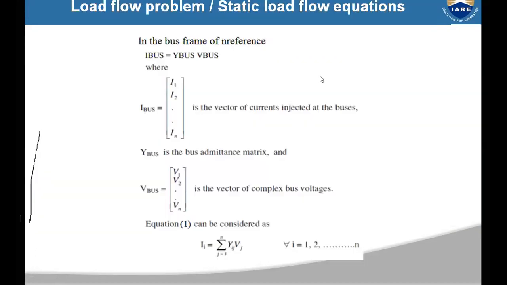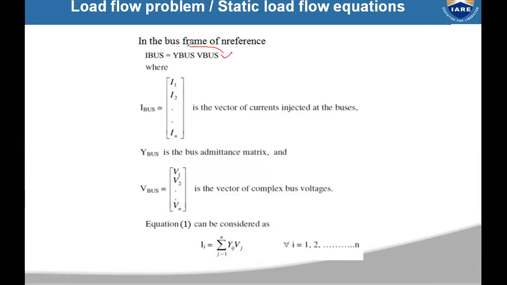Okay, so now let us derive the static load flow equations. While modeling a power system network, we derived this equation, which is I bus is equal to Y bus into V bus.